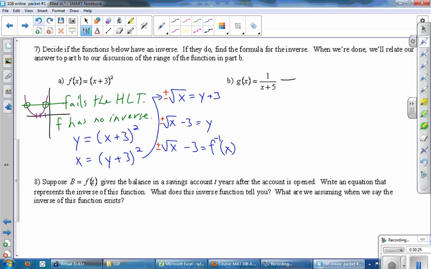Instead of g, we're going to call it y. Then we're going to interchange the x and the y. And the goal is to solve for y. Easier said than done. Take a moment, pause the video right here, see if you can solve for y, and then come back when you're done.